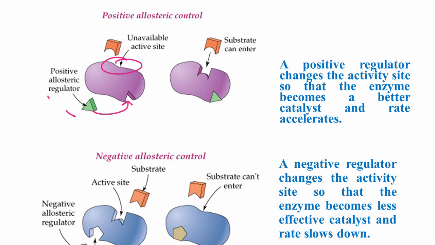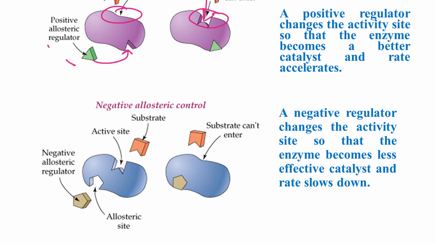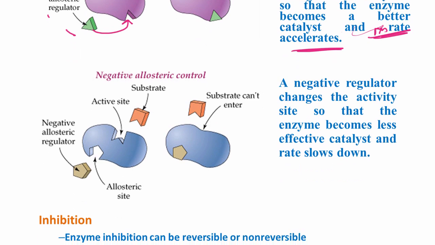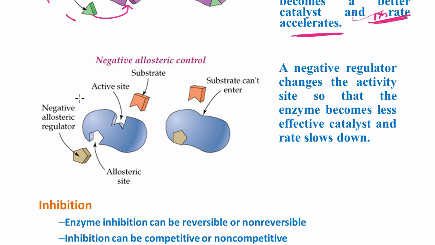It'll cause the enzyme to change shape, and the active site will become available so that the substrate can enter. The positive regulator is going to change the active site in such a way that the enzyme becomes a better catalyst, and the reaction rate will increase. A negative regulator is going to change the active site so that the enzyme becomes a less effective catalyst. And the reaction rate will either slow down or stop.